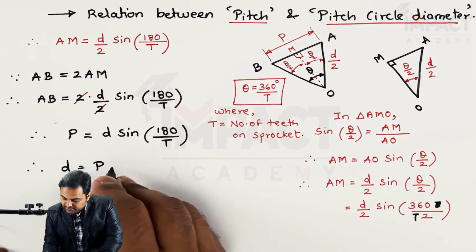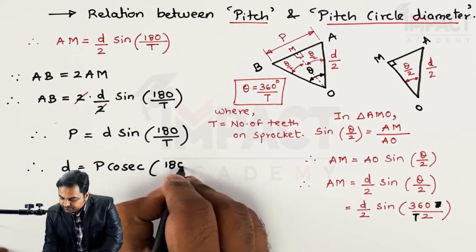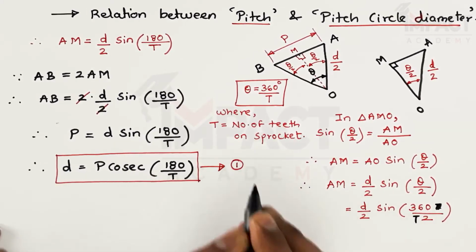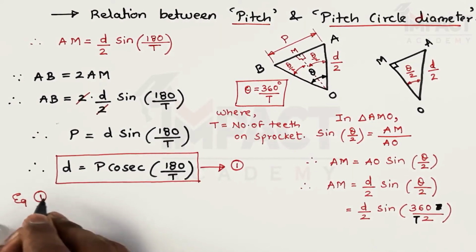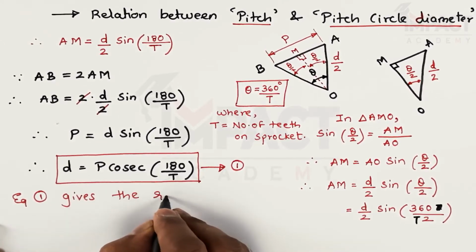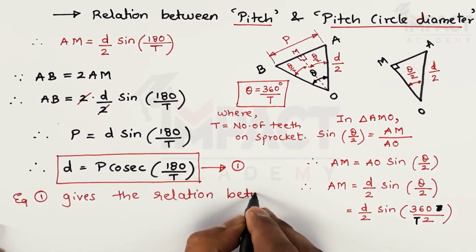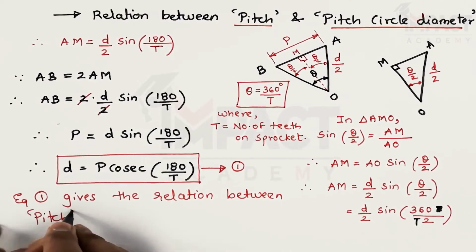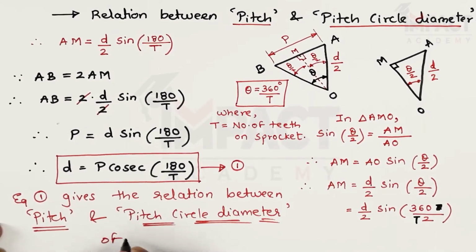So it will be P cosec 180 by T. I'll say this is equation 1, and equation 1 gives the relation between pitch and pitch circle diameter of a chain.